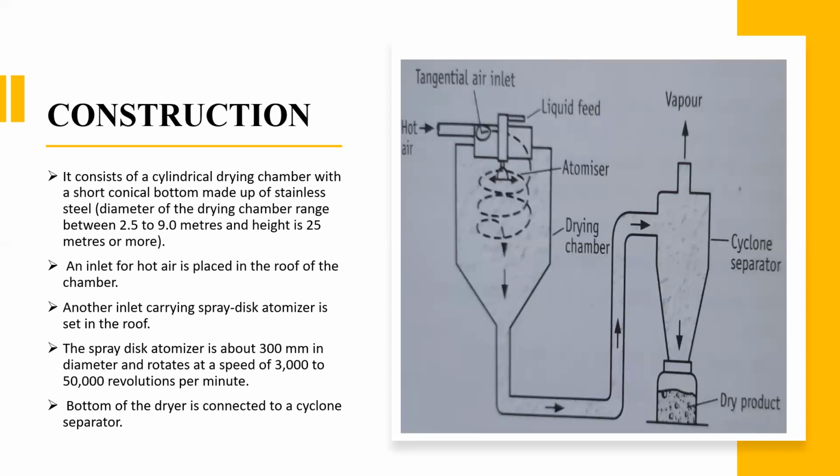The temperature of the air is adjusted in such a way that the droplet is completely dried. The temperature of this air will be adjusted so that the droplets that are to be dried are completely dried before reaching the wall of this drying chamber, and at the same time there is a last condition: the product should not be overheated.